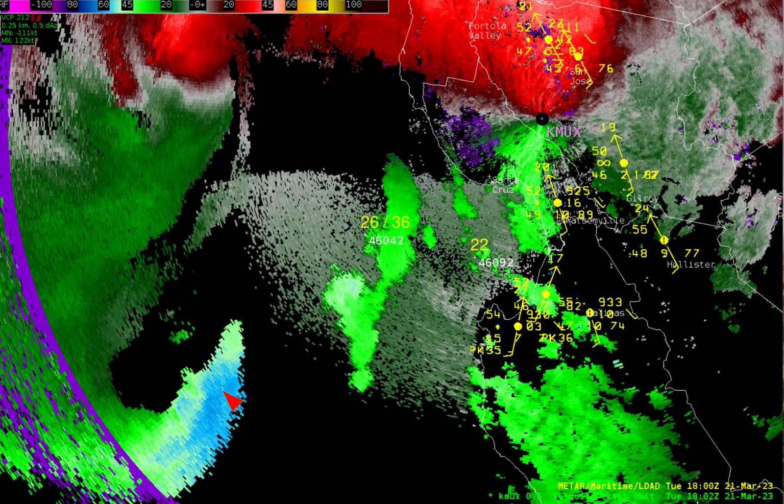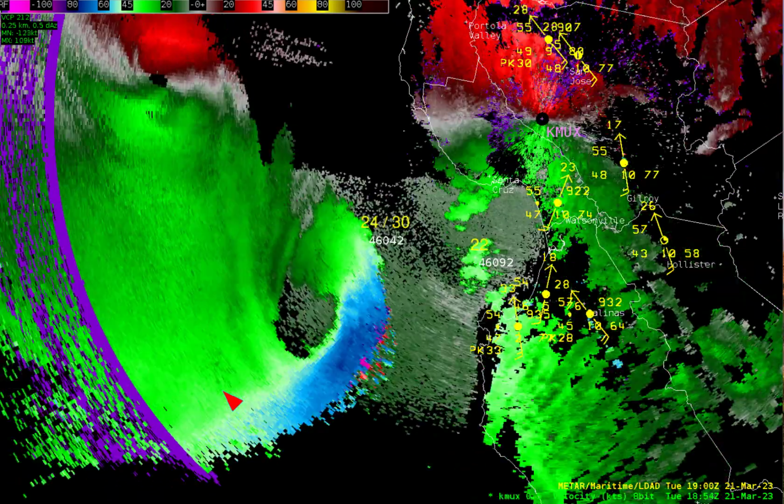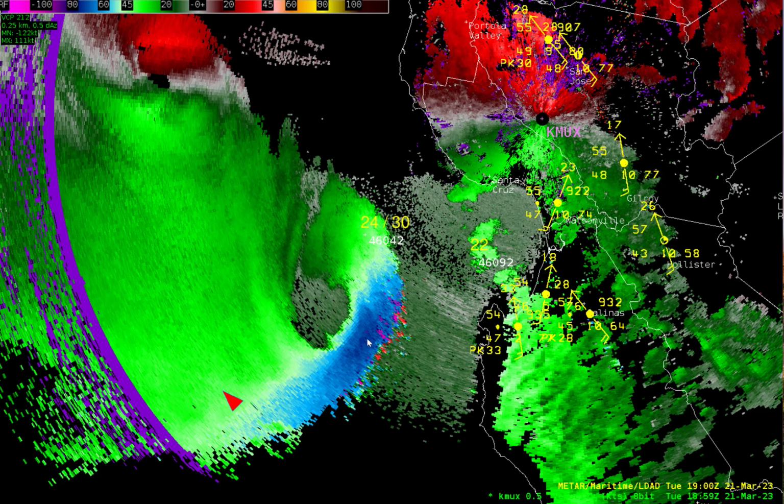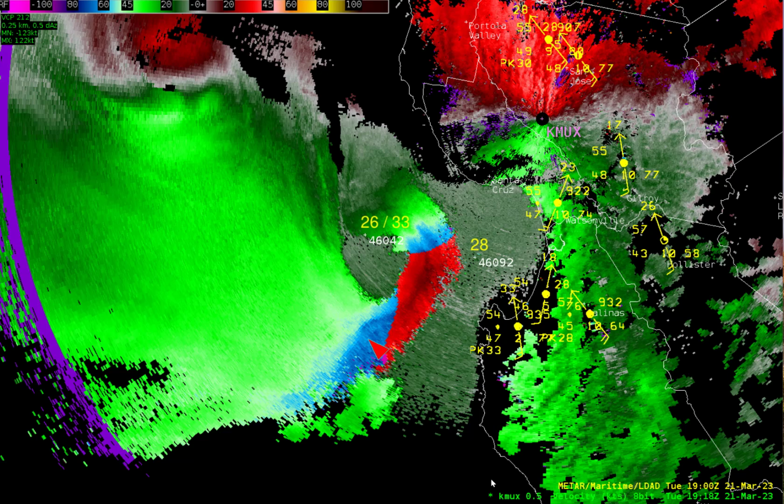And if we move forward to 19Z, across this region, max winds were around 75 knots at 7,500 feet AGL. And then by the time we get to 1918 UTC, we're dealing with velocity de-aliasing issues, but outside of that region, we still observe winds over 70 knots.